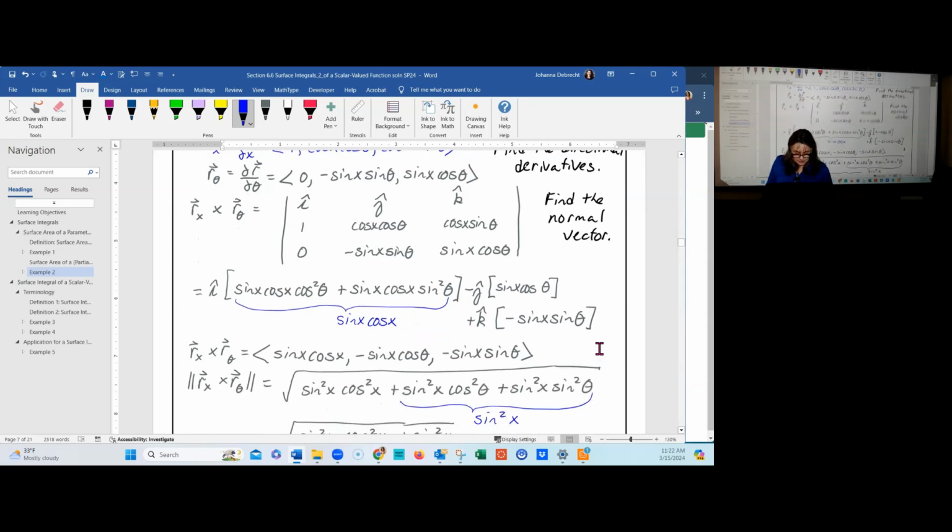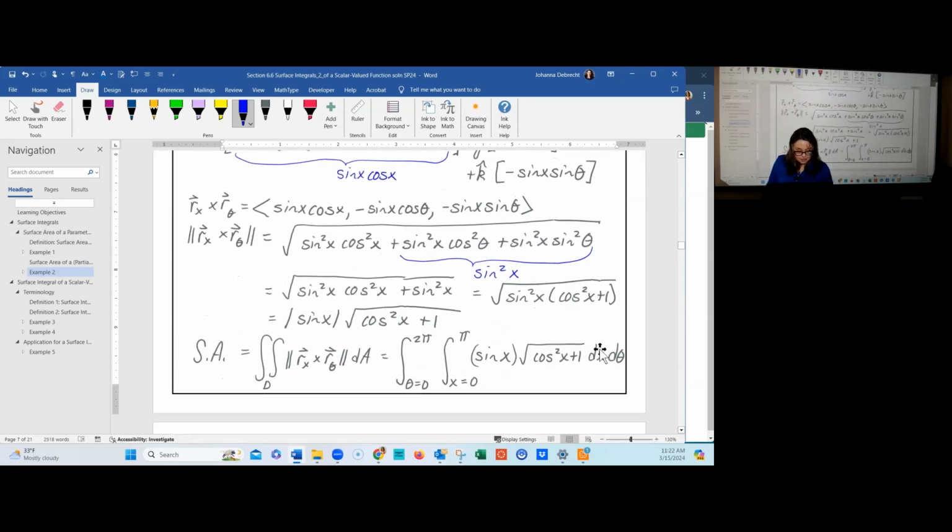normal vector. Then, in order to find the area, I compute the magnitude of that normal vector by squaring each component and adding them together. When I square the last two components, I get a common factor of sine squared of x, and when factored out, it gives me cosine squared theta plus sine squared theta, which again is equal to 1.